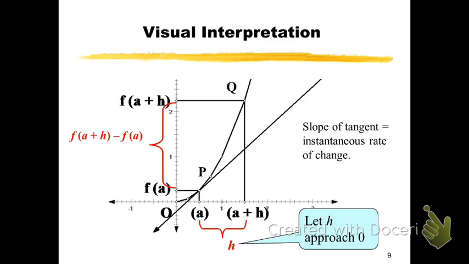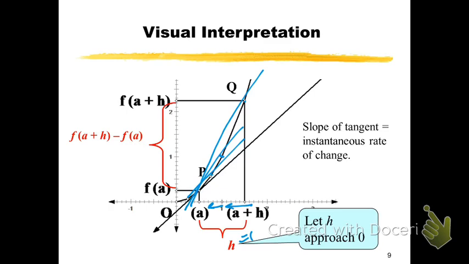So let's think about the visual interpretation. Assume that this h is equal to 1. If h was equal to 1, it was the slope of this secant line. Now let's bring it in a little closer. Let's go to this point here. Then I'm going to get the slope of that secant line, assuming that I went through this point. Now let's get even a little closer to a. That's this point here, getting the slope of this secant line.